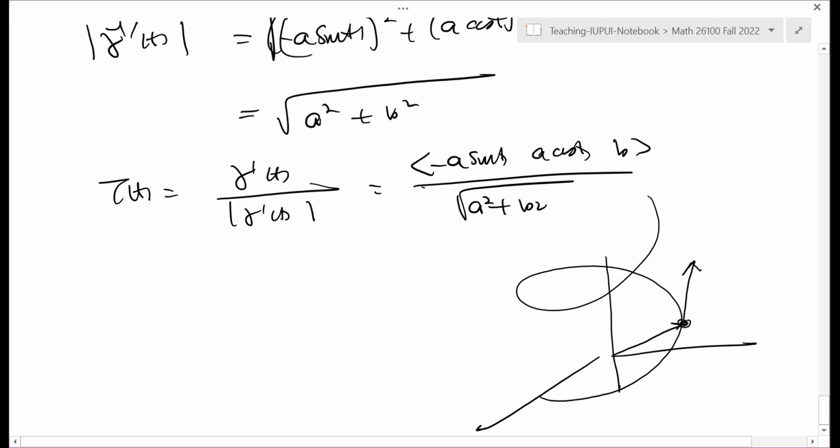Points upward. But it sounds like this curve is curved evenly. So I guess if it has curvature, then the curvature should be constant. But this is not a curve in the plane. It's not planar.